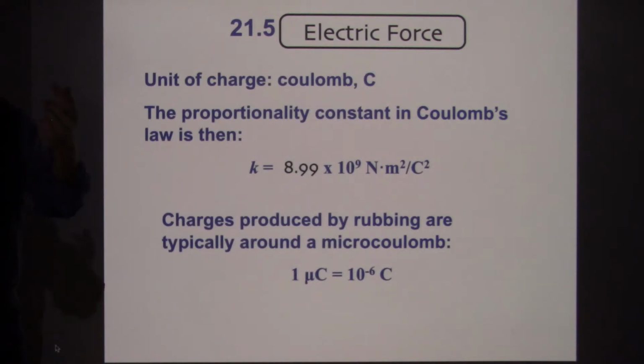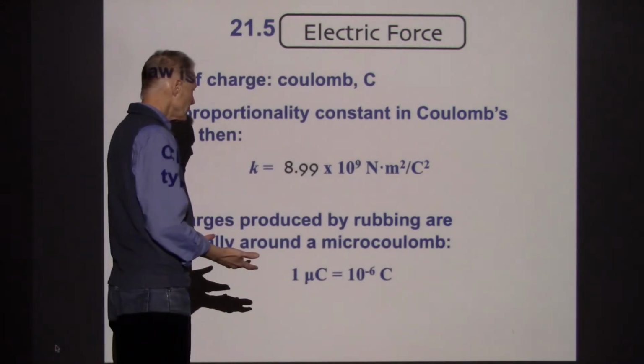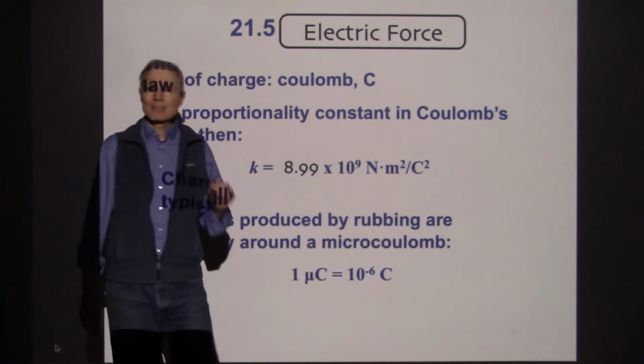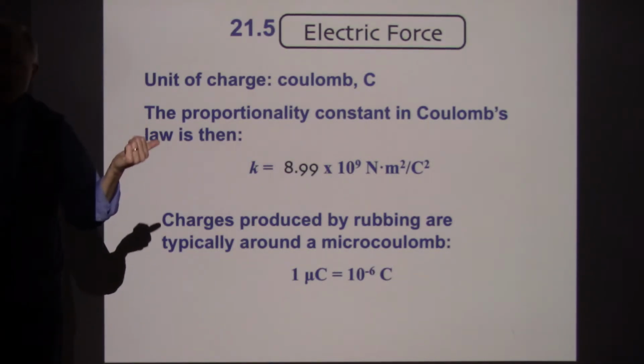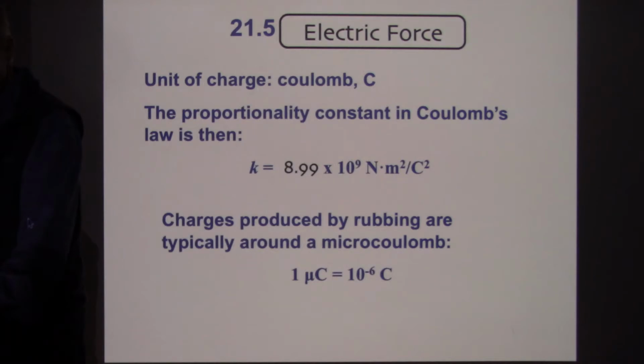It's just how fast I am able to move charges around, or how much charge I am able to put into motion. And so in most of the static electric problems we look at, the amount of charge is small compared with a full coulomb. They're going to be microcoulombs or nanocoulombs or picocoulombs.